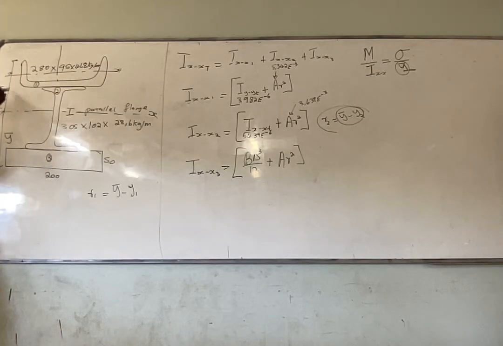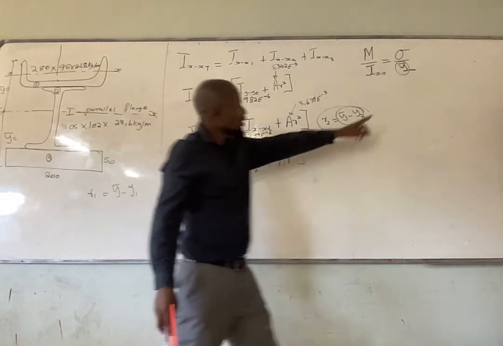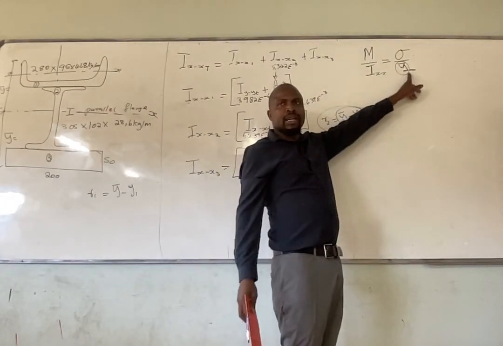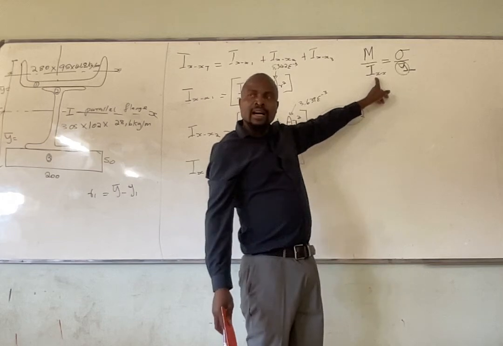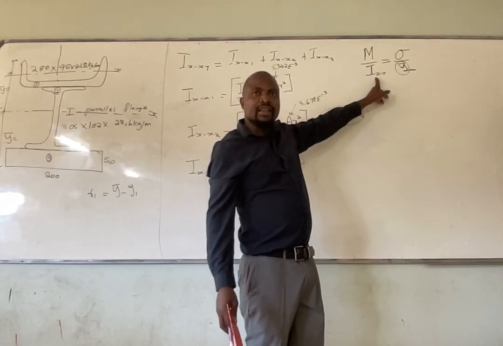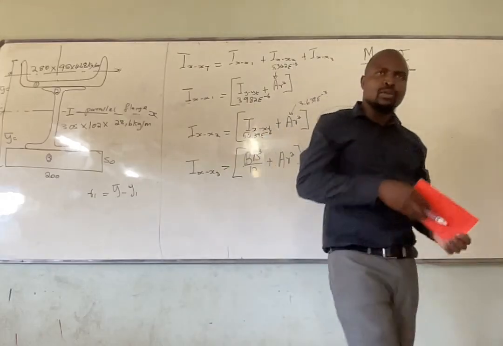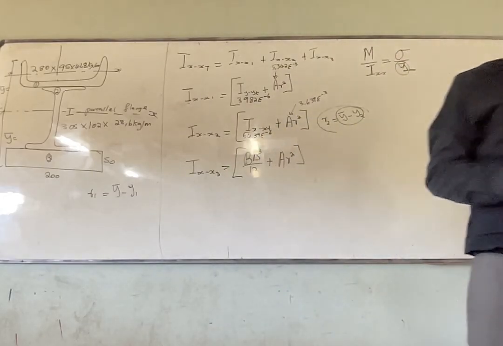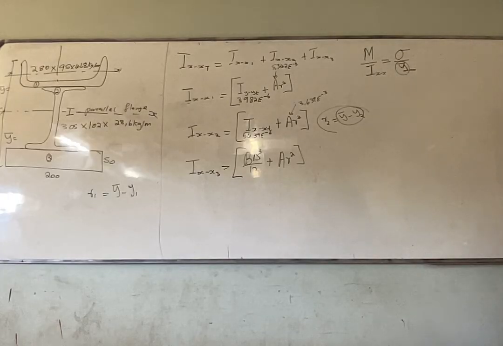So you need to check which one is greater than the other. In here, you use the bigger one. Here, you always use Ixx because it's a simply supported beam. That beam will always bend about XX. Is there any question?